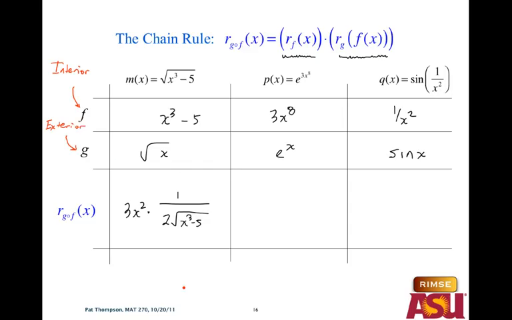I think it helps to use that language, exterior and interior. So here we're doing the rate of change of the interior, f, with respect to x, times the rate of change of the exterior, or the whole thing, but with respect to f.